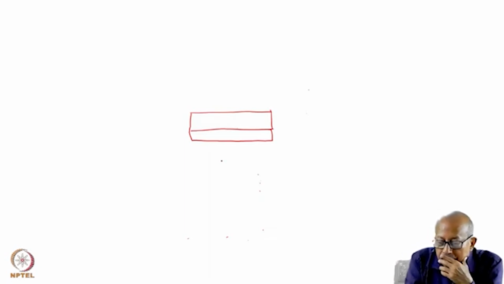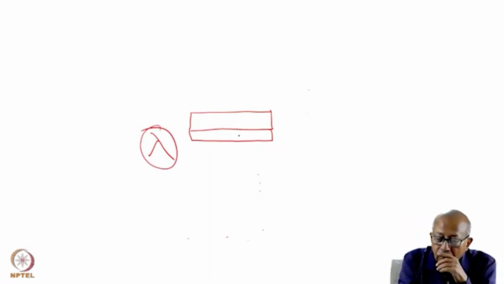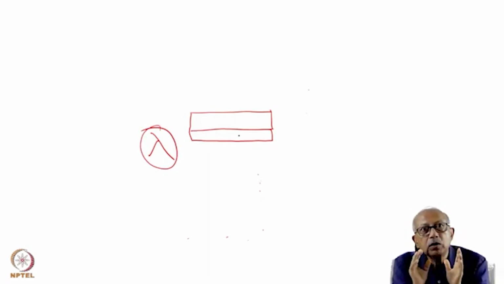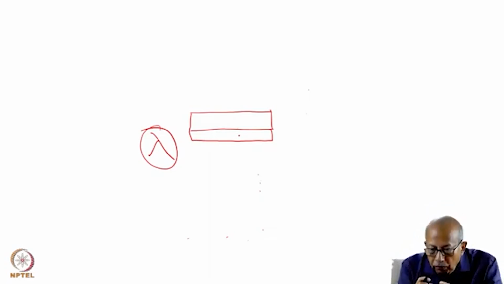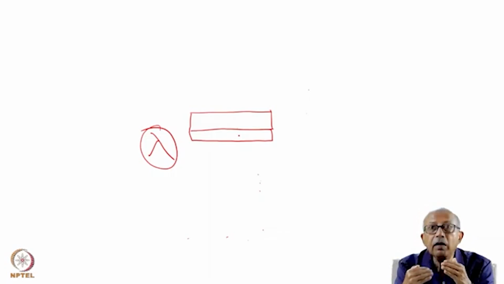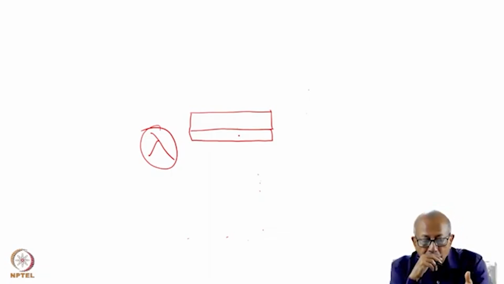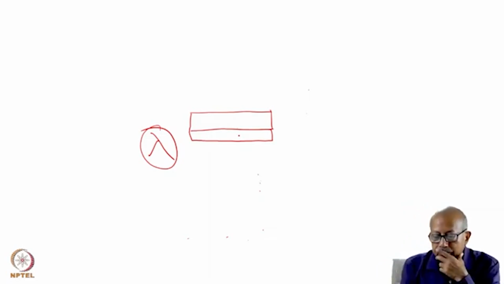Suppose the wavelength is lambda. So this dielectric should transmit lambda. That is the condition. And the refractive index of the dielectric also has to be appropriately chosen. Now, I'm not going into detail, but I'm giving you just a qualitative idea of the underlying physics. How do we exploit the knowledge that we have acquired to achieve this?